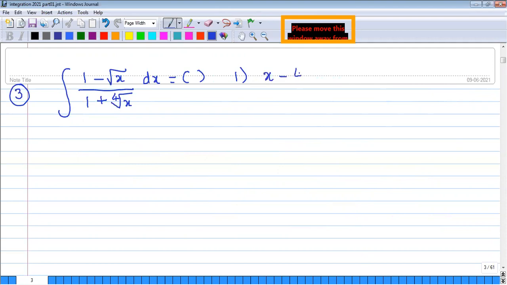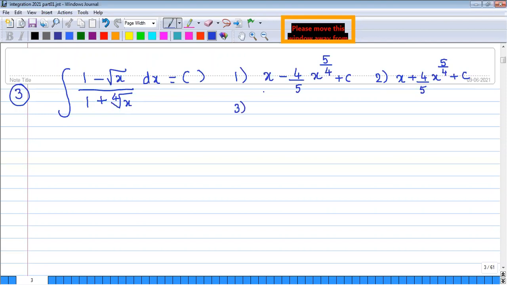x minus 4 upon 5 x to the power of 5 upon 4 plus constant of integration. Second, x plus 4 upon 5 x to the power of 5 upon 4 plus c.